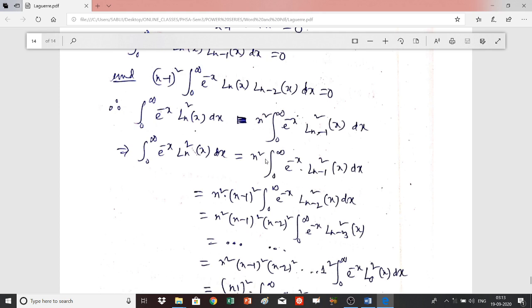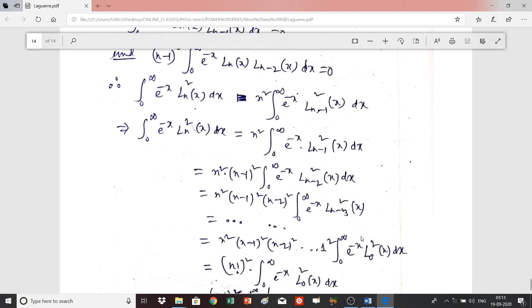Here you see that n square is here, but since L n minus 1 is here, there will be n minus 1 whole square, then the integral from 0 to infinity of e to the minus x, and this will decrease by 1, so L n minus 2 x dx. And the very next term will have n minus 2 whole square, and the integral from 0 to infinity of e to the minus x, and this will be decreased by another one, so L n minus 3 square x.